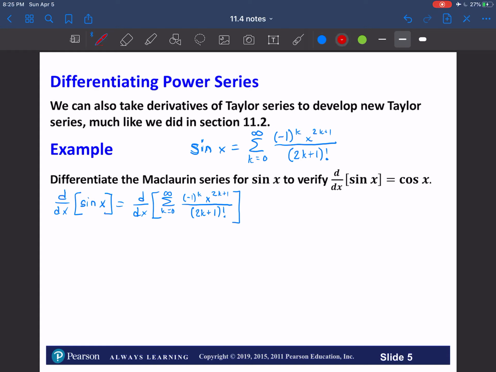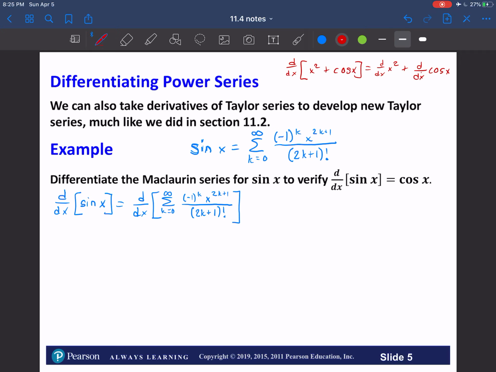So just like how we know that the derivative of x squared plus cosine of x is equal to the derivative of x squared plus the derivative of cosine of x, we're going to make the derivative apply to each individual term.